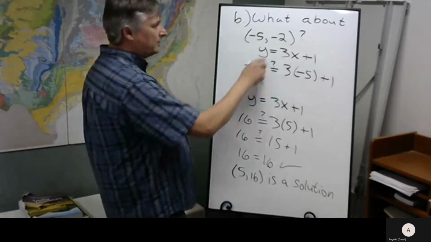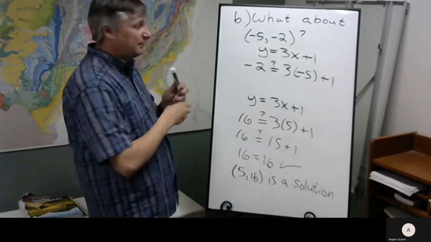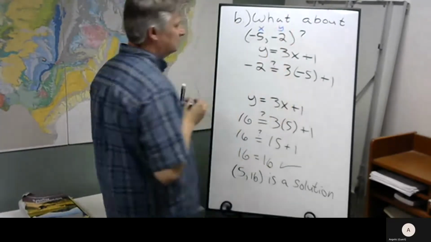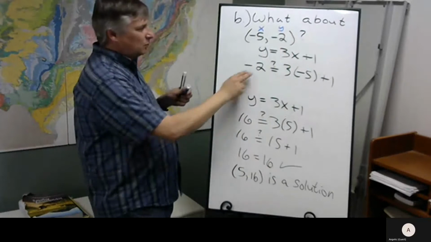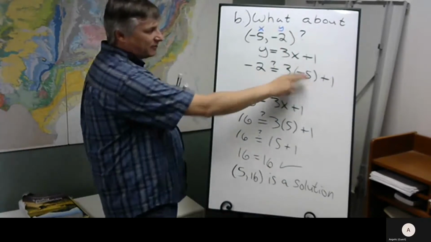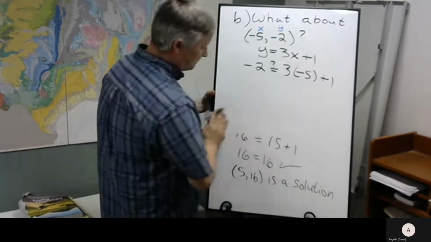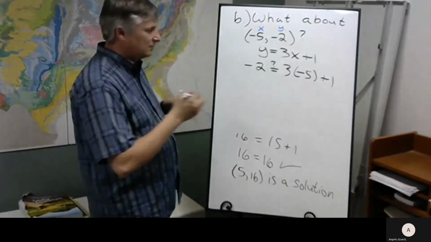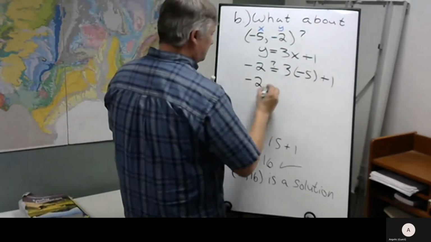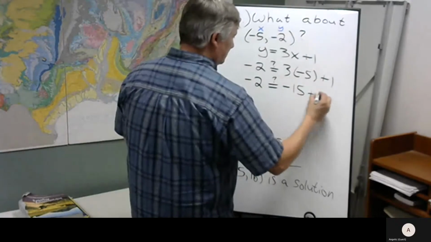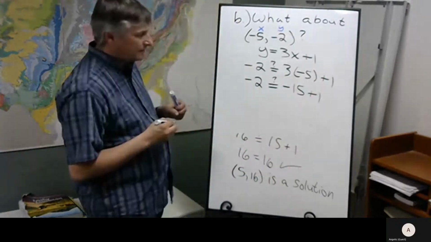Again, replacing y with -2, and again, it doesn't hurt to label these. So y is now -2, x is now -5. Does this actually hold? So is -2 equal to -15 plus 1?